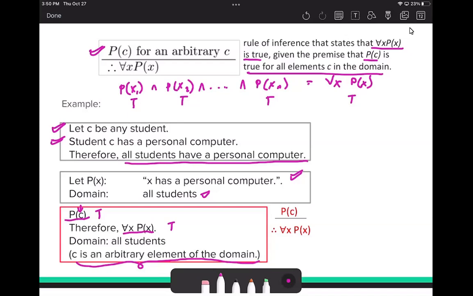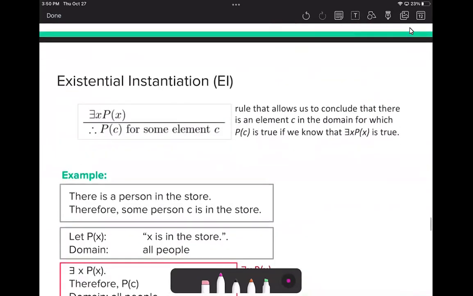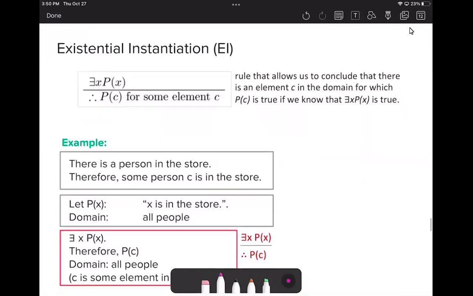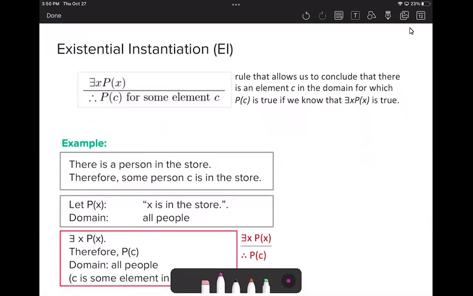All right. And then we also have existential instantiation. There exists x, p of x, therefore p of c for some element c. This is the rule that allows us to conclude that there is an element c in the domain for which p of c is true if we know that there exists x, p of x is true.